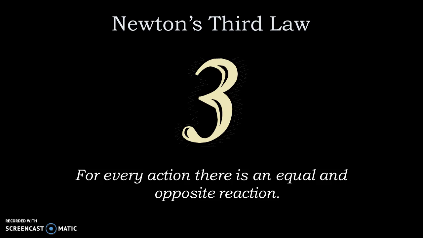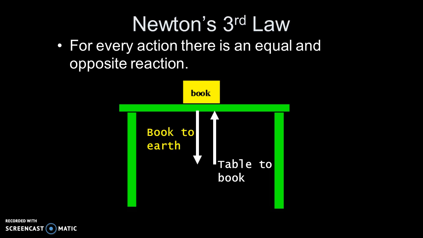If the action is equal and opposite, the wall pushes back with an equal and opposite force, thereby meaning you don't move and the wall doesn't move. Now, another example would be your book on the table. Your book is pushing down with 10 newtons of force. Well, the table is pushing back up just as equally, putting this in static equilibrium.